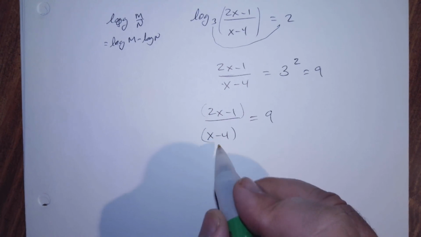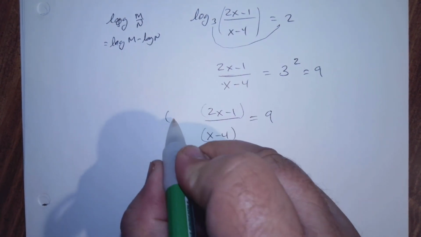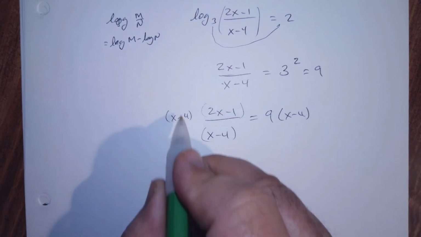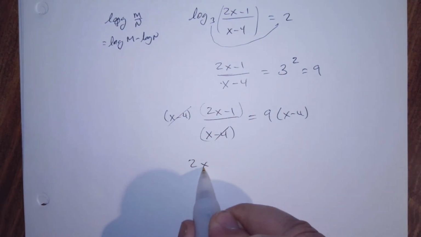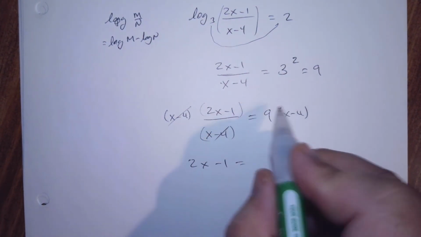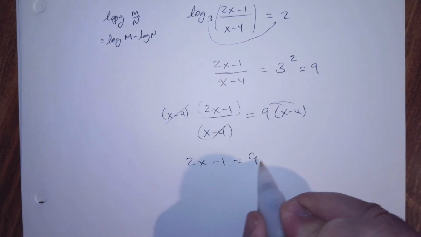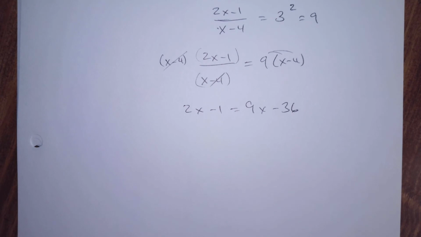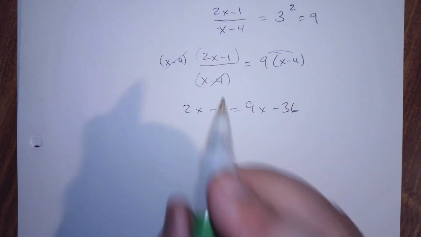The base comes over here and pushes that up. So we have 2x minus 1 over x minus 4 equals 3 to the power 2. That equals 9. So we have 2x minus 1 over x minus 4 equals 9. We get rid of the fraction, multiply both sides by the LCD. So those cancel. We have 2x minus 1 equals 9x minus 36. Solve for x. Move the smaller to the larger.